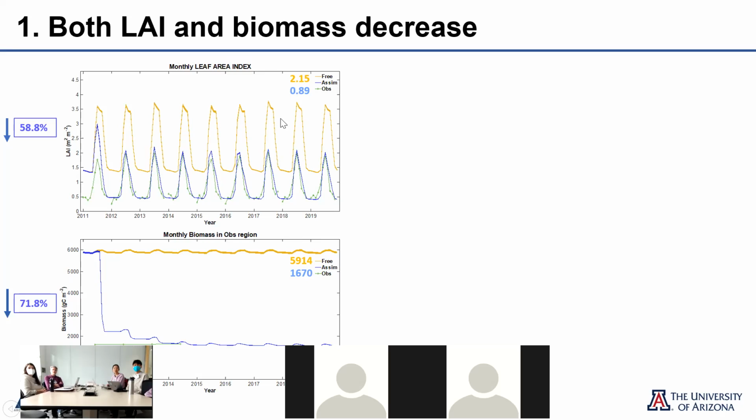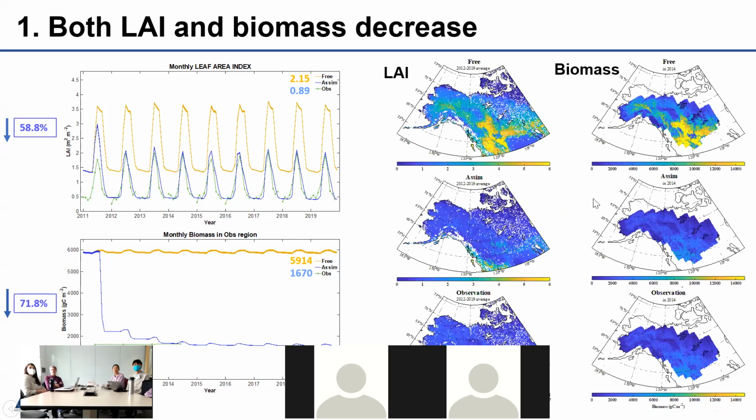The orange line is from the free run, the blue line is from the assimilation run, and the green line is observation. It's clear that the blue line is closer to observation. For LAI in our assimilation run, it is decreased by around 59%, and for biomass it is decreased by around 72%.